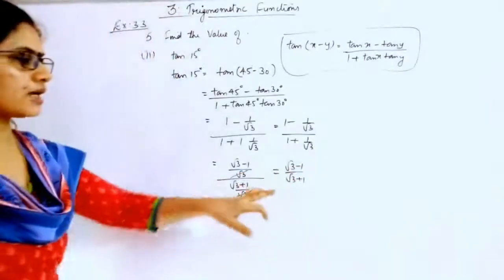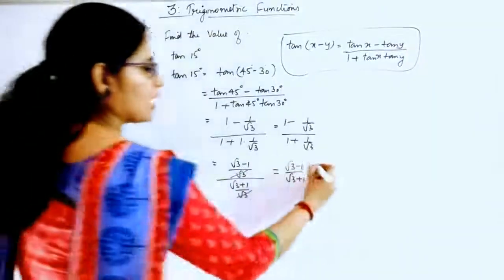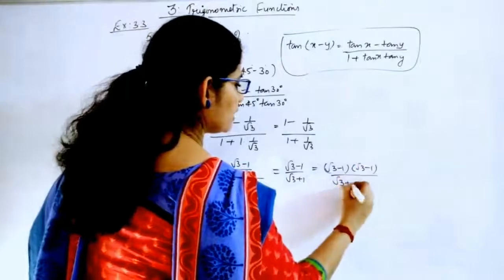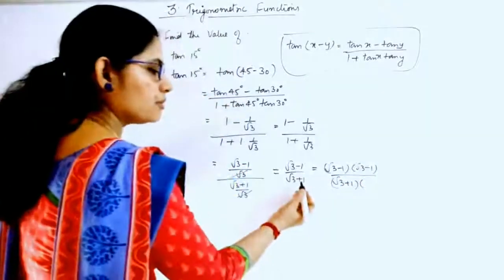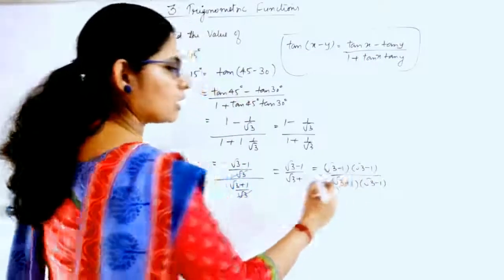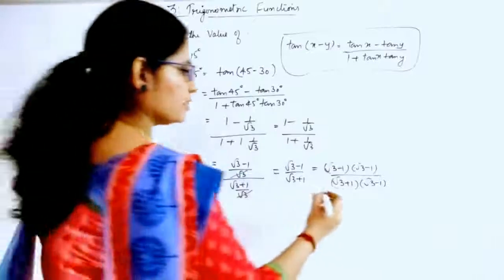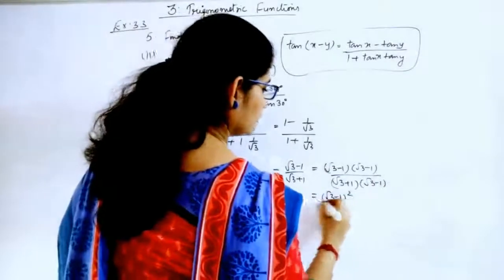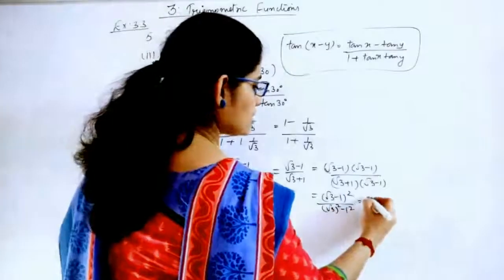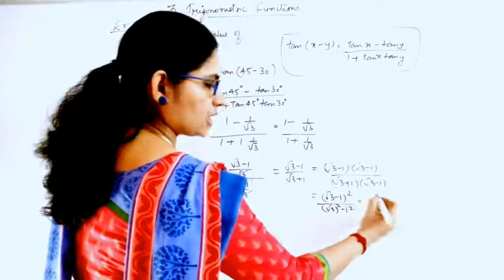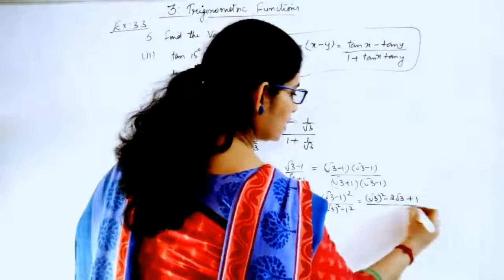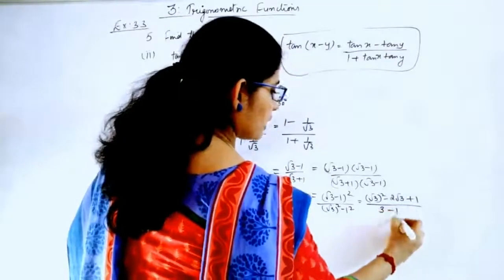Now you can rationalize again, by multiplying the numerator as well as the denominator by the conjugate. Root 3 plus 1's conjugate is root 3 minus 1. Now this becomes root 3 minus 1 the whole square divided by, this being a plus b into a minus b, root 3 the whole square minus 1 square. Expanding, a minus b the whole square is a square minus 2ab plus b square, divided by root 3 whole square, which is 3, minus 1.